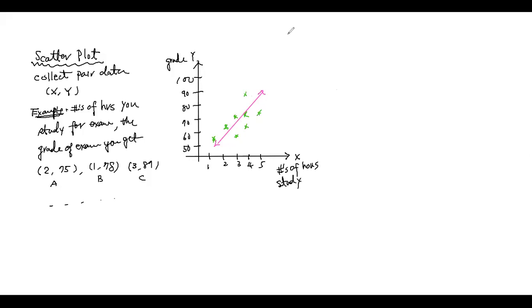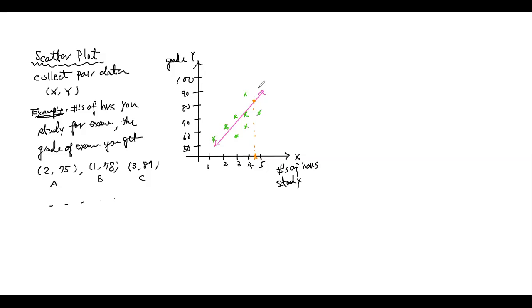The purpose of the line is to use it to do estimation. For example, if I study 4.5 hours, I want to use my line to estimate what grade I'm going to get.